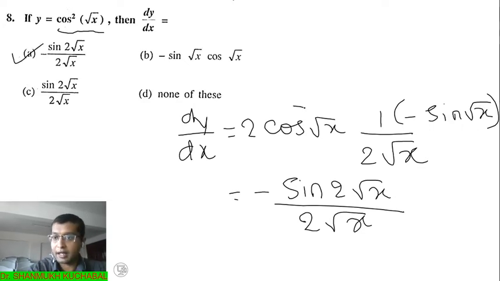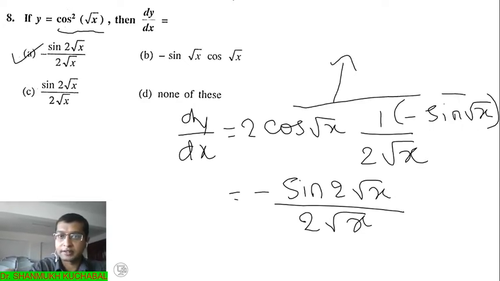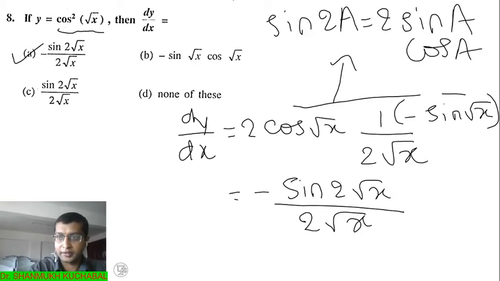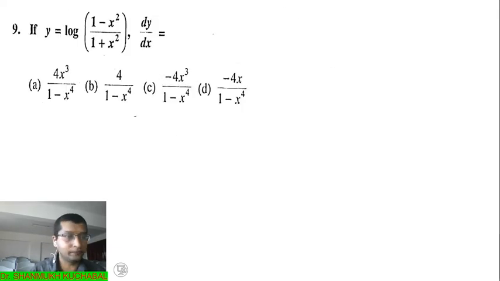The formula I used is sine 2a equal to 2 sine a into cos a. So that formula we use and we write sine 2a, divided by 2 root x. Therefore option A is the right answer.